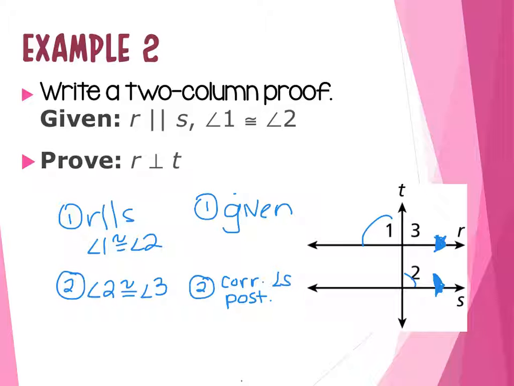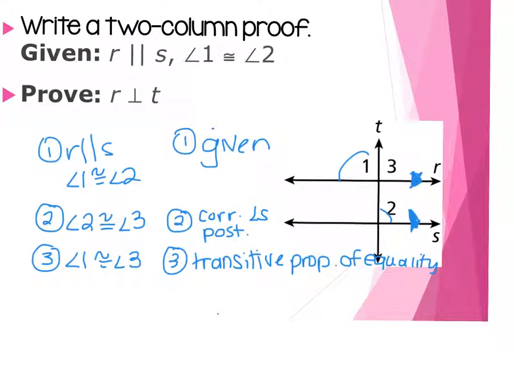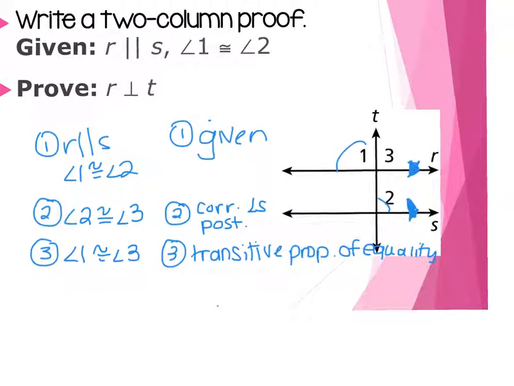Now 1 is equal to 2 and 2 is equal to 3, which tells you that 1 is equal to 3. That's the transitive property. You can just say transitive property, but I wrote transitive property of equality. So now I've got that these are congruent.